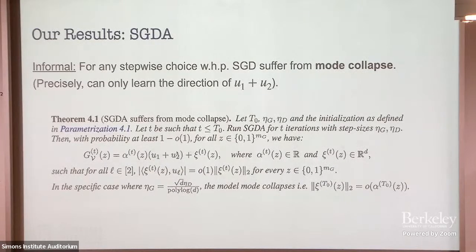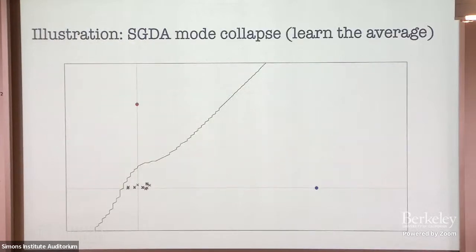You're only able to learn the sum, something proportional to the mean of the distribution. This is a bit more detailed statement, and it holds with high probability. But the spirit of the statement is that we are not able to learn the right modes.